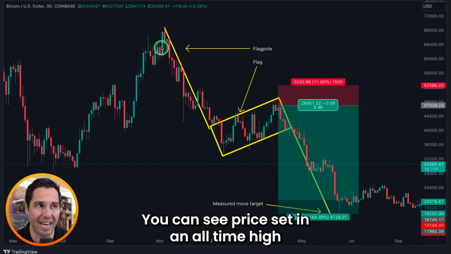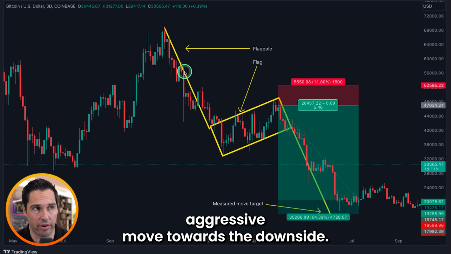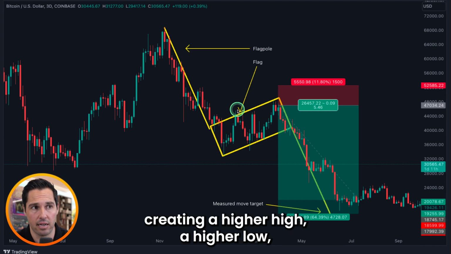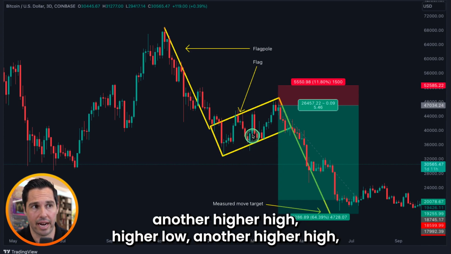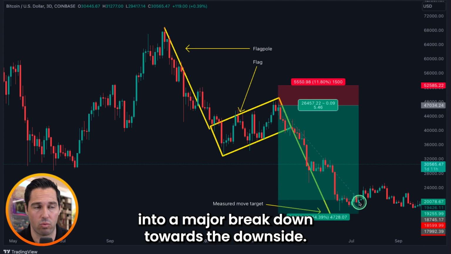You can see price set an all-time high around that $68,000 mark all the way back in 2021. Since then, it was a strong aggressive move towards the downside. Price bounced, creating a higher high, a higher low, another higher high, higher low, another higher high, and then ultimately leads into a major breakdown towards the downside.